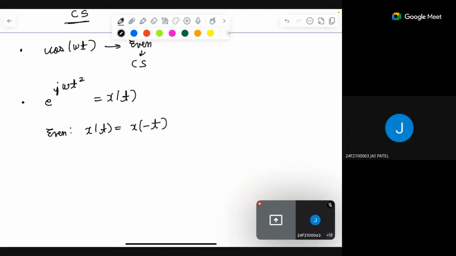To find x of minus t, I replace t by minus t, but it is a square, so I get back the same signal. So we observe that this is an even signal.